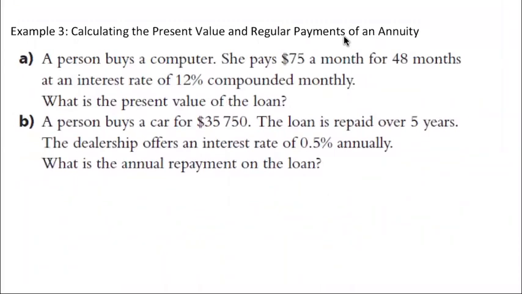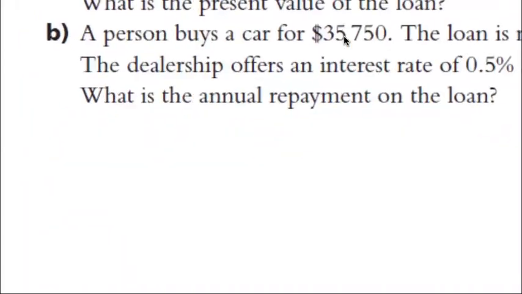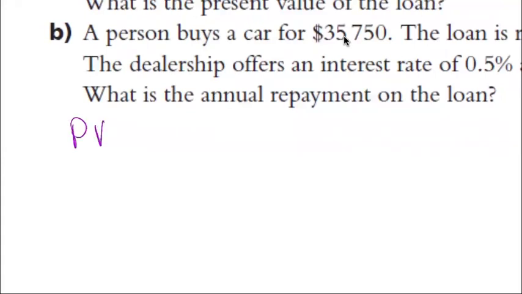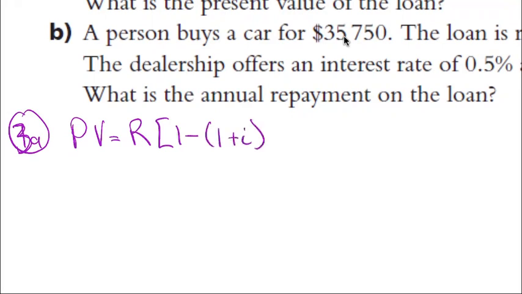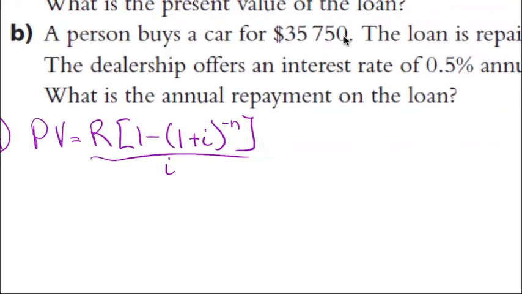So let's start with our formula, and then we can determine what we need. PV, this is 3A, not 1A. PV is equal to R, bracket 1 minus, bracket 1 plus i to the negative n, end bracket, all over i. We're looking for PV.